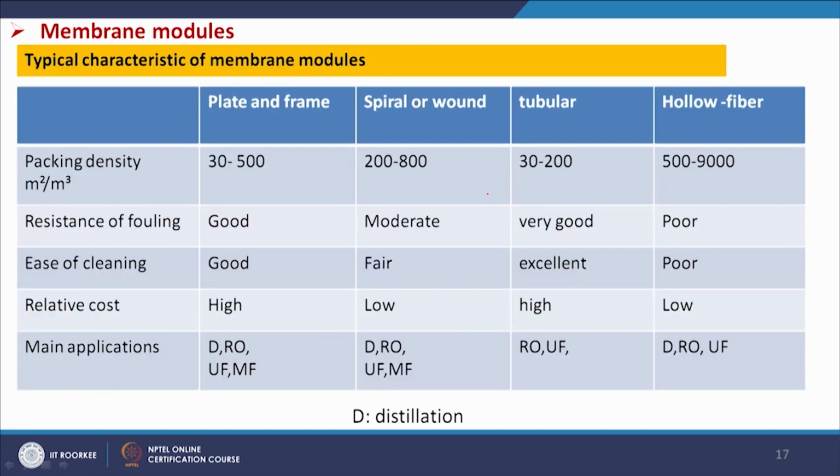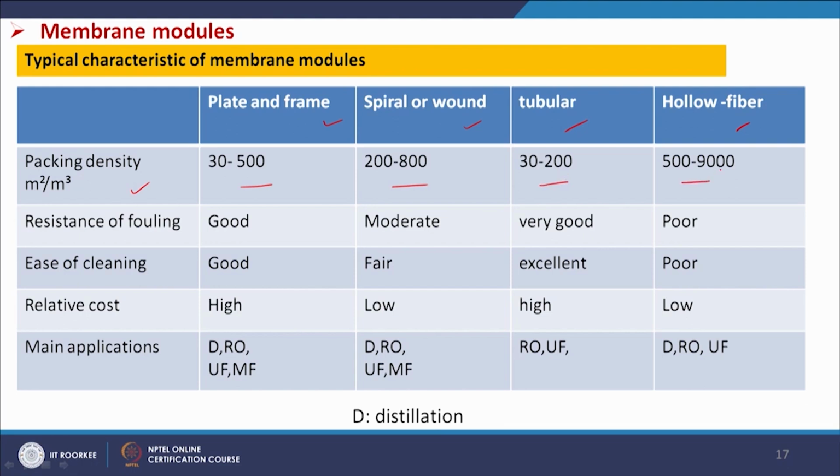Now, typical characteristics of membrane modules like plate and frame, spiral wound, tubular and hollow fiber. Packing density in square meter per cubic meter: 30 to 500 for plate and frame, 200 to 800 for spiral wound, 30 to 200 for tubular, and 500 to 9000 for hollow fiber.